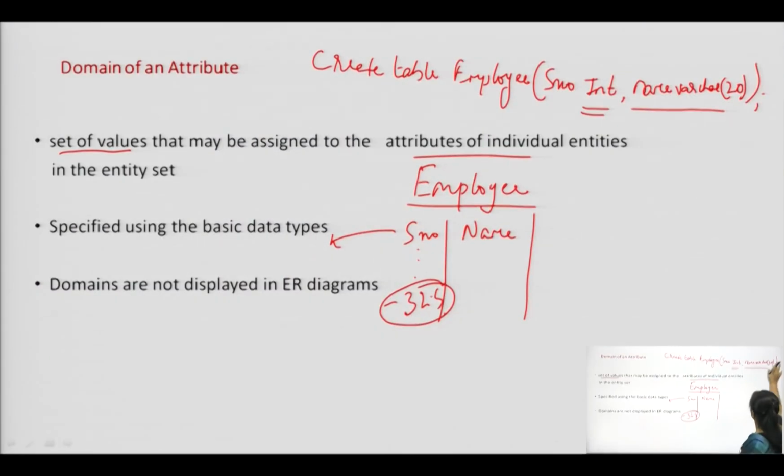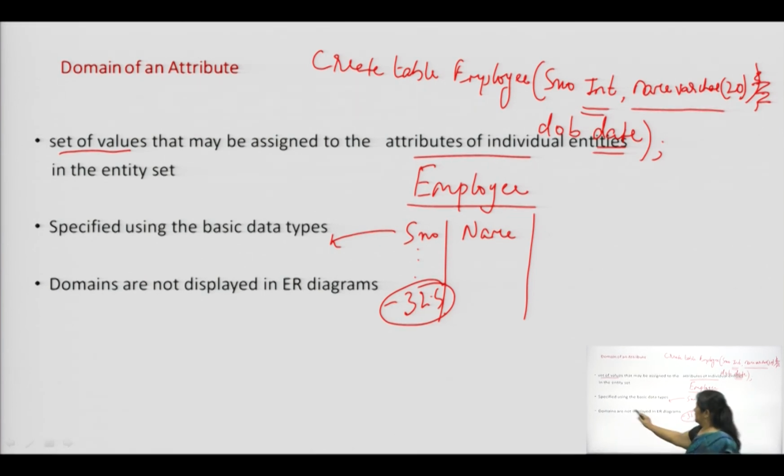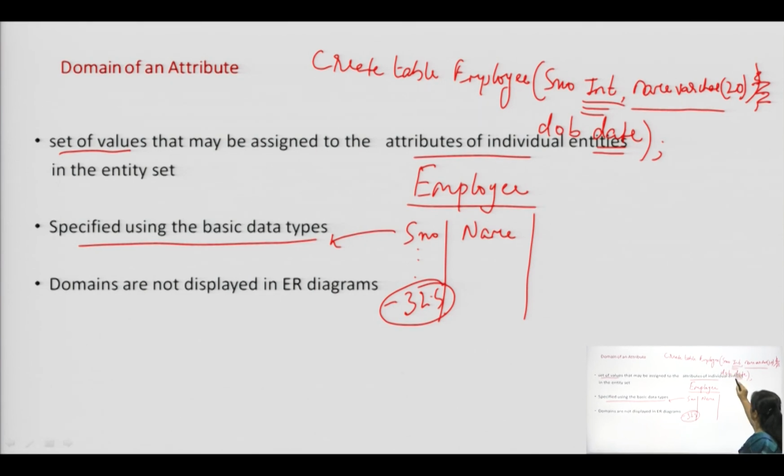Suppose I write another attribute, date of birth, which is of the type date, then it will mean that all the possible dates can be the date of birth, right. And the domains are specified using the basic data types. Integer and date are basic data types in structured query language. Varchar is a data type in structured query language.